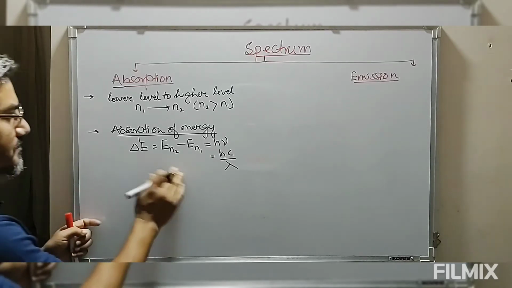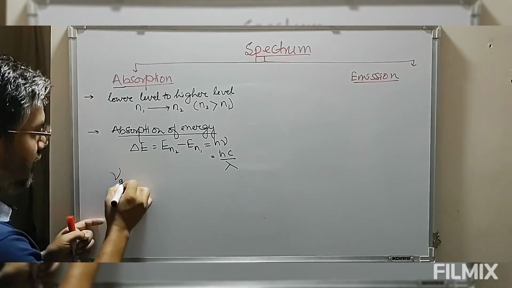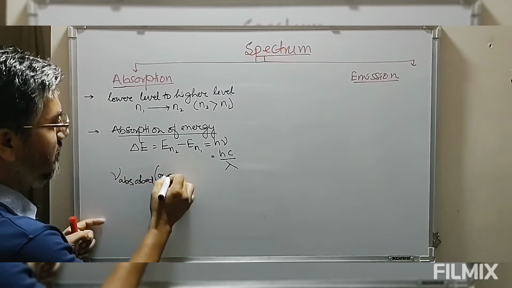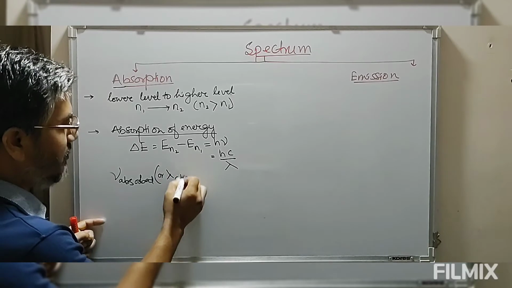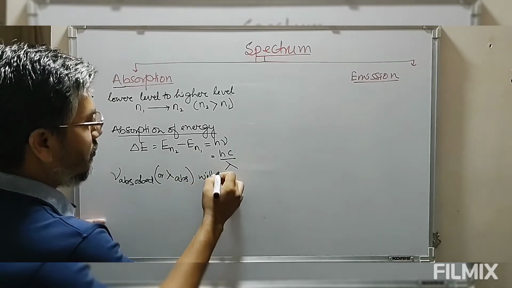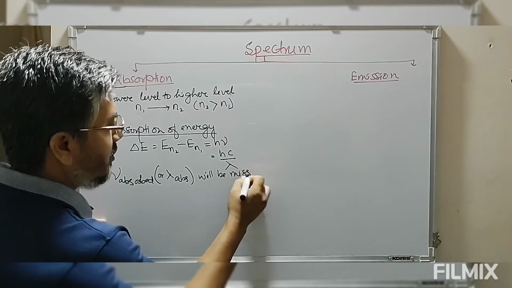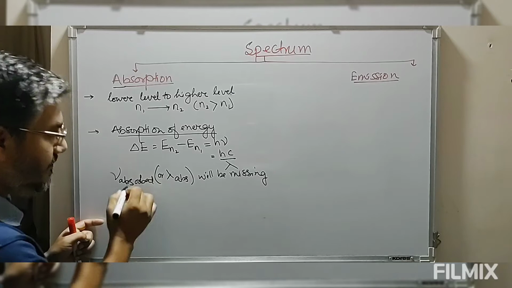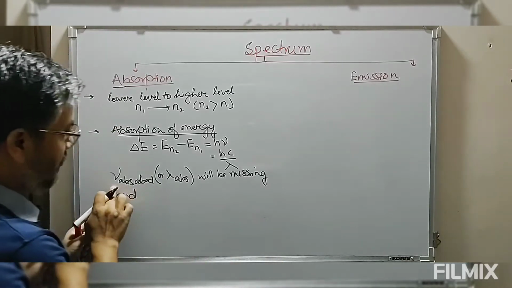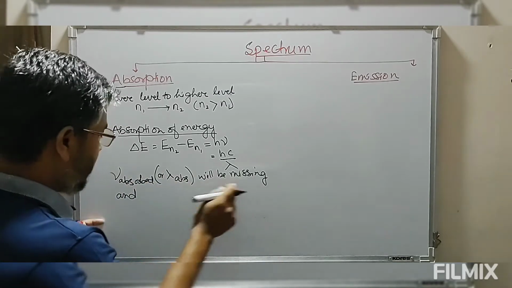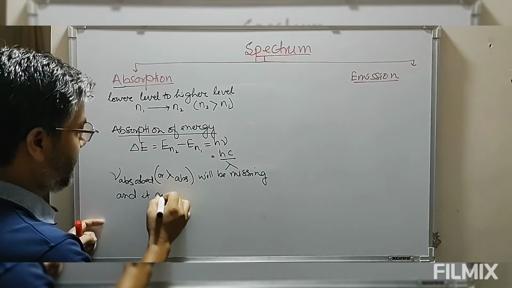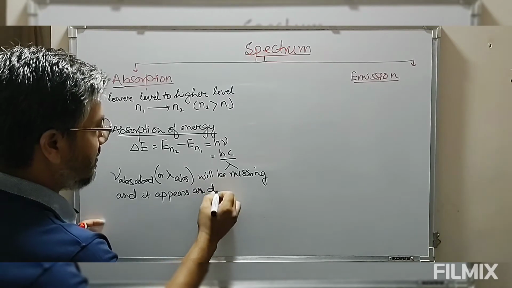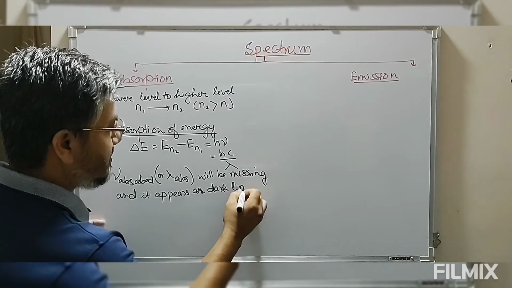So the absorbed frequency or the absorbed wavelength will be missing, and it appears as dark lines.